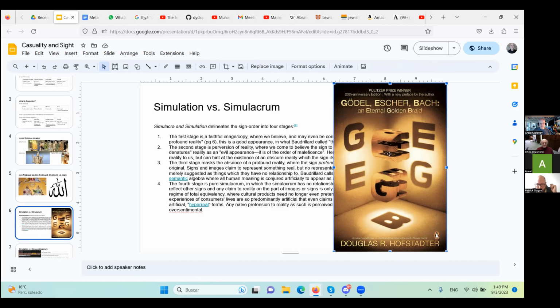And if you haven't read this book, I really recommend you give it a dig through. It's very cool. It's talking about the relationship between Gödel, the mathematician, Escher, the artist, and Bach, the musician. Gödel proved that any finite system of axioms, which is any math system, because you're not going to be able to finish writing down all the axioms, you've got to stop writing axioms at some point, will inevitably produce undecidable propositions.